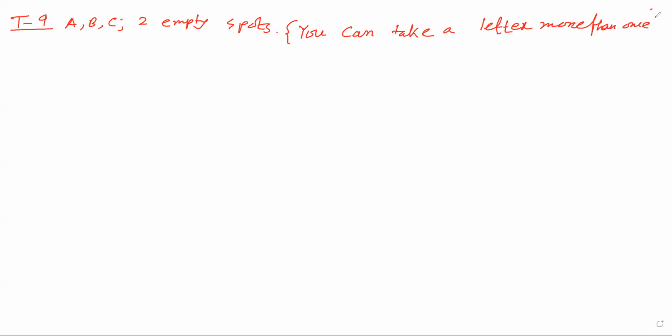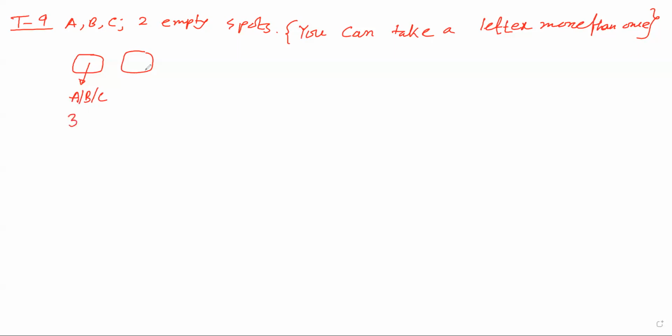So the first spot can be filled with A, or B, or C. So how many ways can the first box be filled?